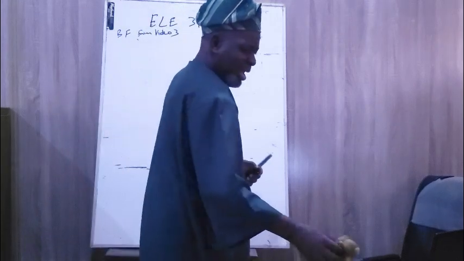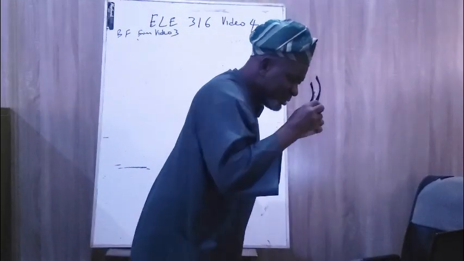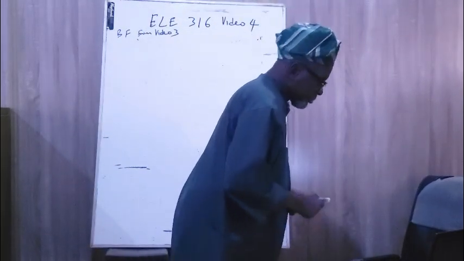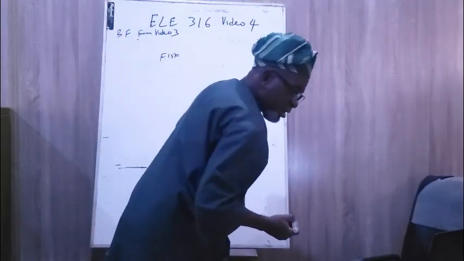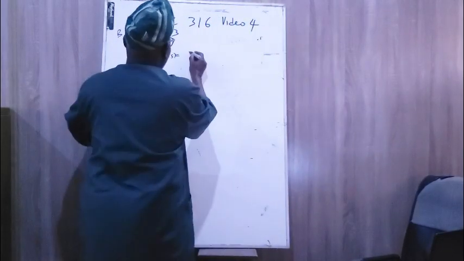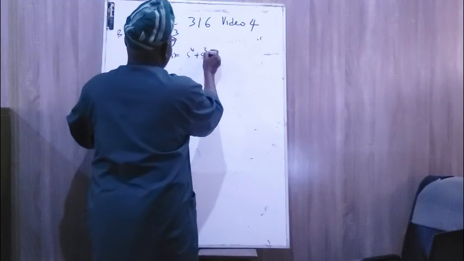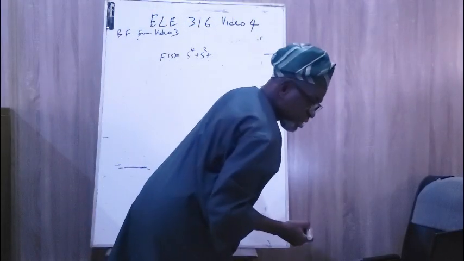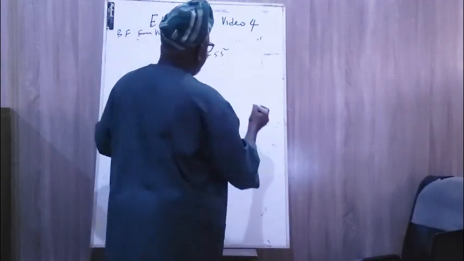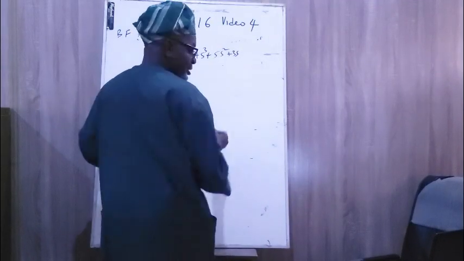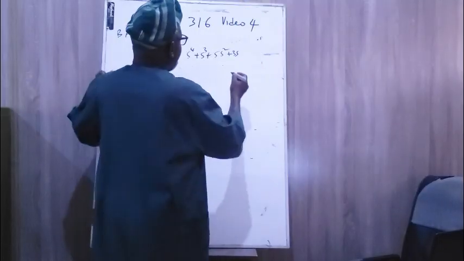So the first one there is f of s equals s4 plus s3 plus 5s squared plus 3s, then plus 4.